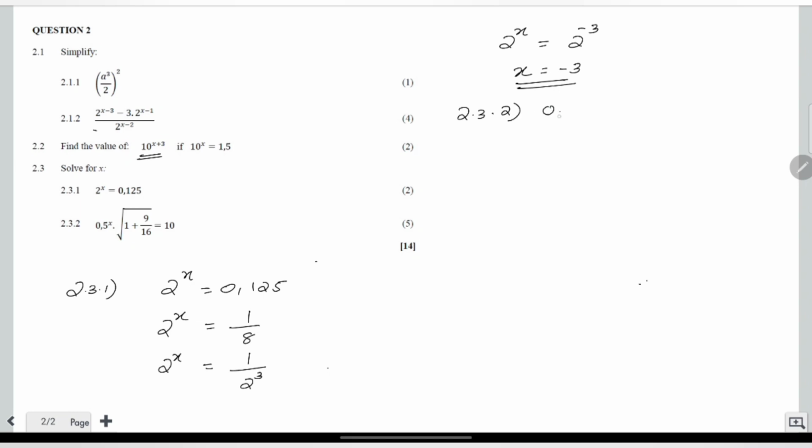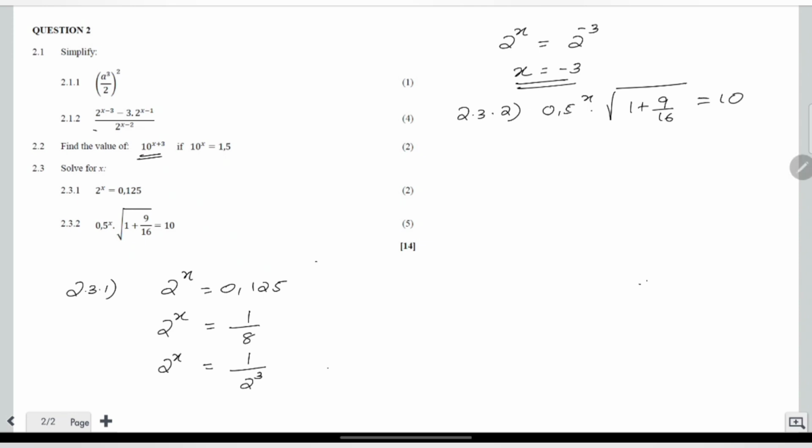Okay, now we can go to the next question, 2.3.2. What is that? 0,5 to the power x times the square root of 1 plus 9 over 16 is equal to 10. Alright guys, how do we do this question? Here also solve for x, isn't it?